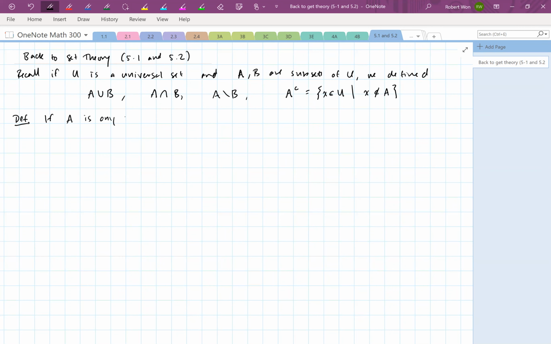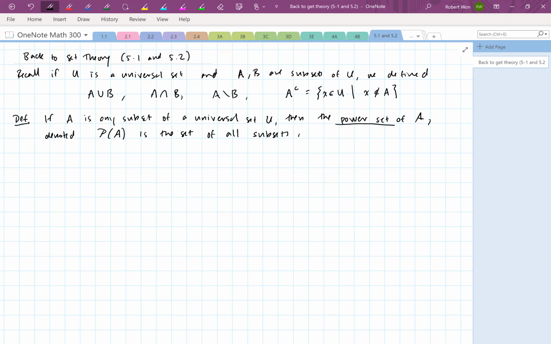So if A is any subset of a universal set U, then I'm going to define the power set of A, and it's denoted with the script P of A, so P for power set, is the set of all subsets of A. It's the set of all subsets of A. So another way to say this is that the power set of A is the set of all sets that are subsets of A. All subsets of the universal set that are subsets of A.